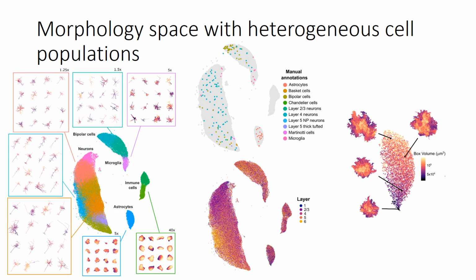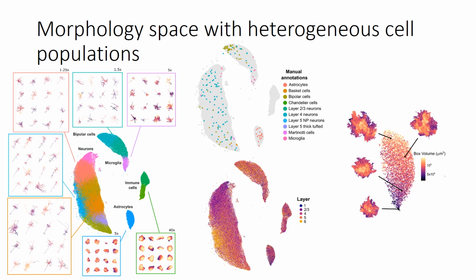We used CAJAL to study the morphologies of over 70,000 cells from a cubic millimeter volume of the mouse visual cortex profiled by the MICrONS Consortium. This dataset includes not only neurons, but multiple types of glia and immune cells.